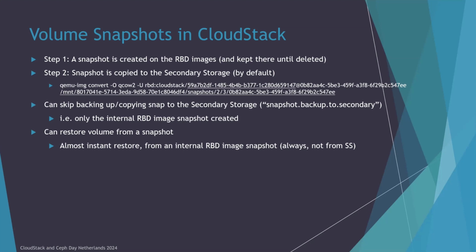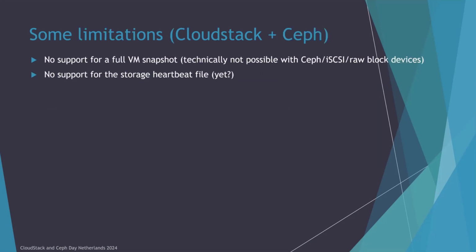Related to possible limitations, nothing to do with Ceph really. Whenever you pass through some raw block devices, either Ceph or iSCSI or fiber channel or something else, there is no QCOW2 file, so there is nowhere to place the metadata of the VM snapshot. That's something we wish would be possible, but unfortunately it's purely a KVM limitation.